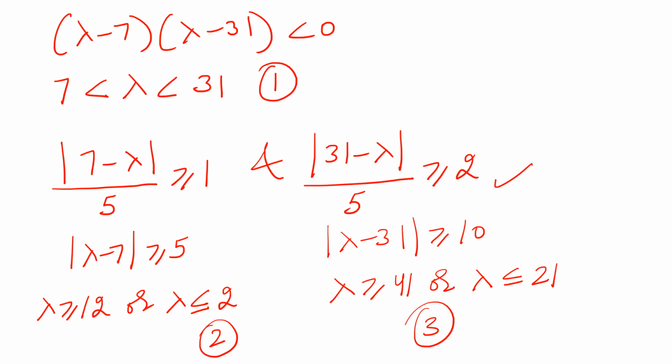Now students, we will find the intersection of these three intervals, and finally we will get the answer. Now students, the intersection of these three intervals finally comes as lambda greater than or equal to 12 and less than or equal to 21. That means option C is the correct one.